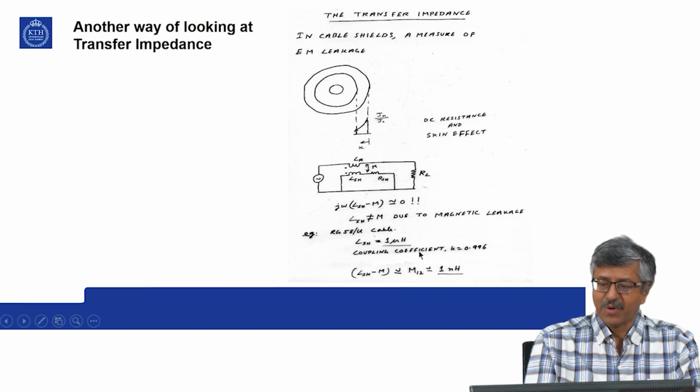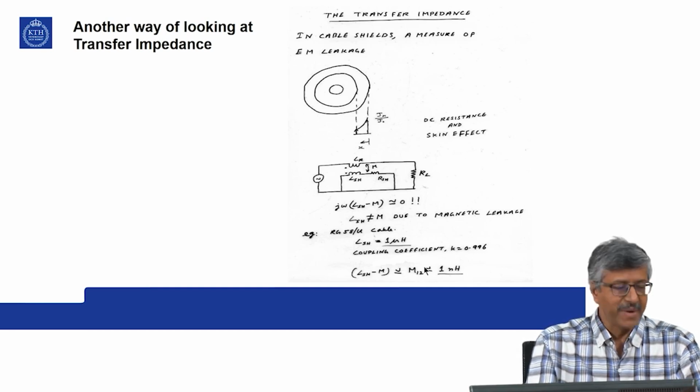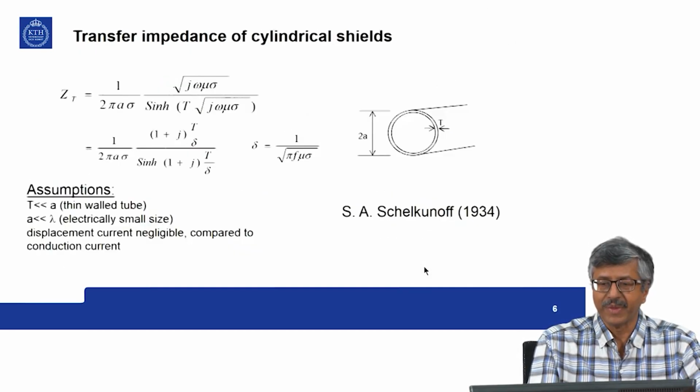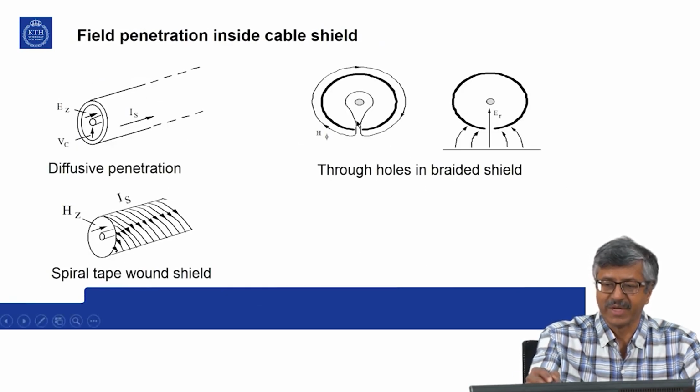This is very small compared to the self inductance of 1 microhenry, 1000 times smaller, but this is enough to have an induced EMF inside. So this is the mechanism of leakage that is depicted over here.